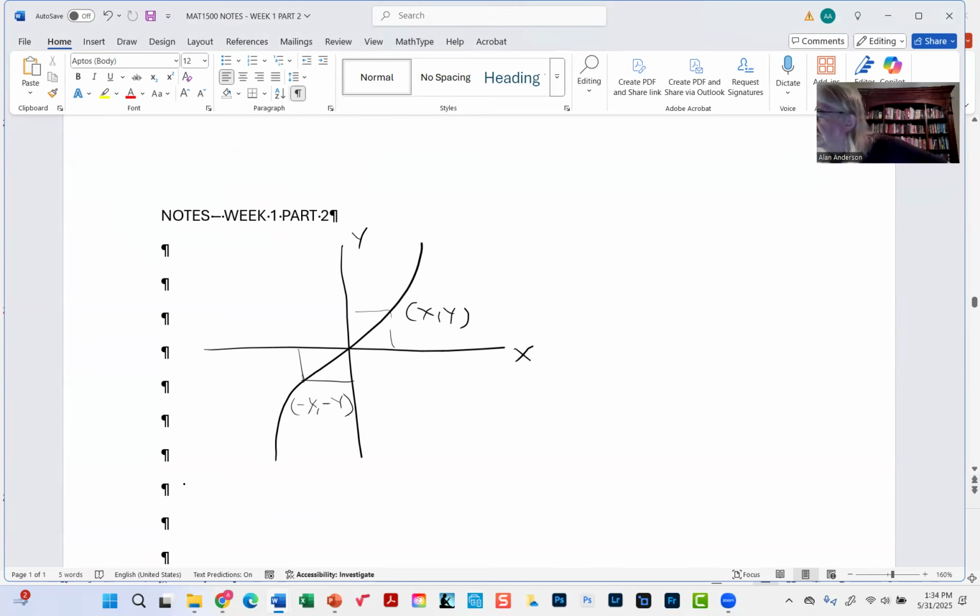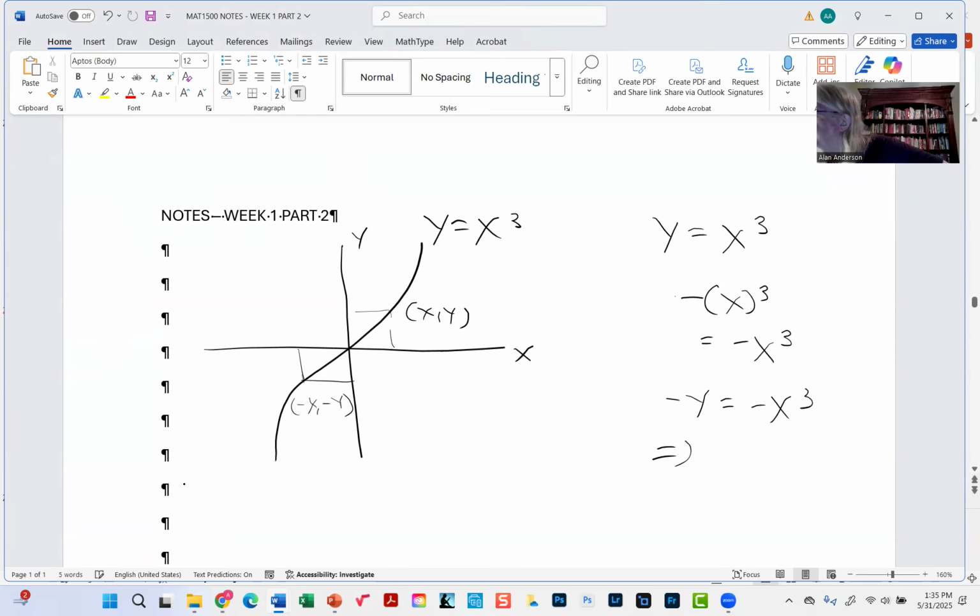So you're probably wondering, how can we prove it for every single one of these points? Well, here's what we would do. Replace x with negative x. So that would give us negative x cubed. So if y equals x cubed, that means that negative y would be negative x cubed.